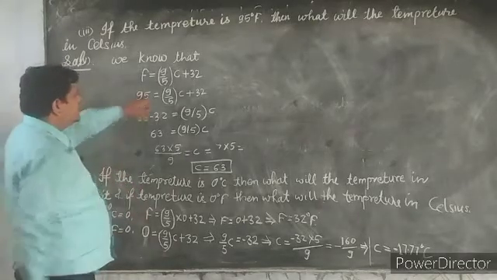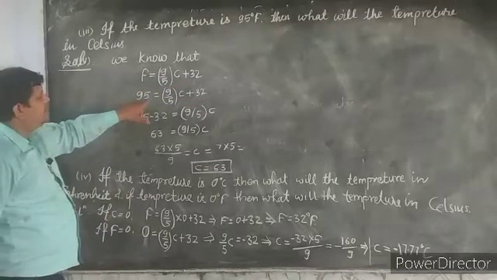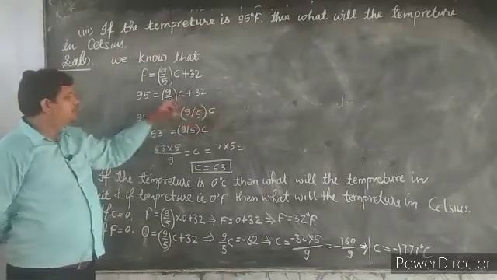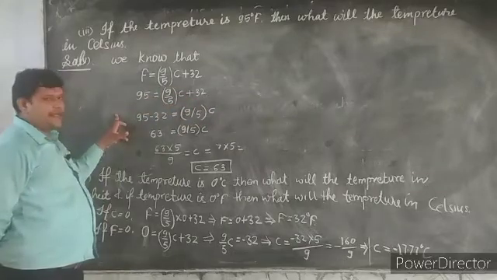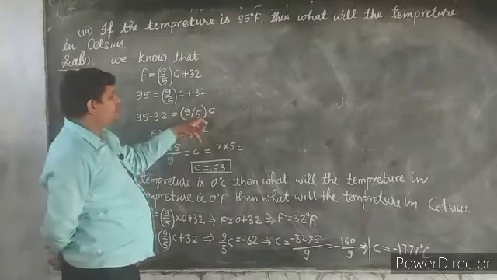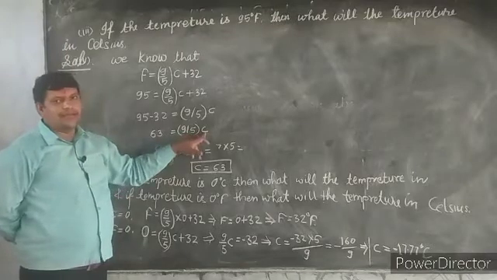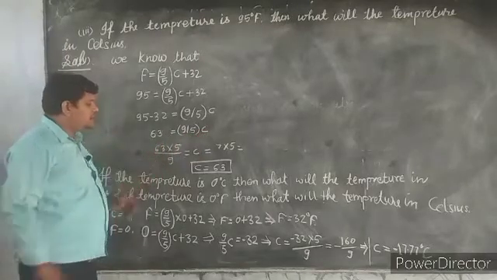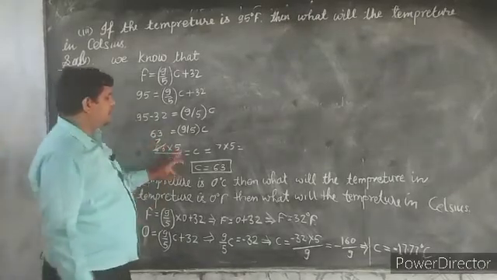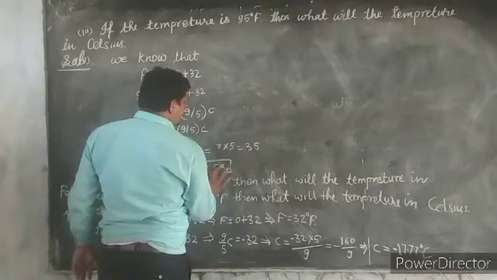We will put 95 in place of F. 95 is equal to 9 upon 5 C plus 32. 32 will come to the left side. 95 minus 32 is equal to 9 by 5 C, and this is 63 is equal to 9 by 5 C, or C is equal to 63 into 5 upon 9. 63 can be cancelled out, so it will be 7 into 5, that is 35.